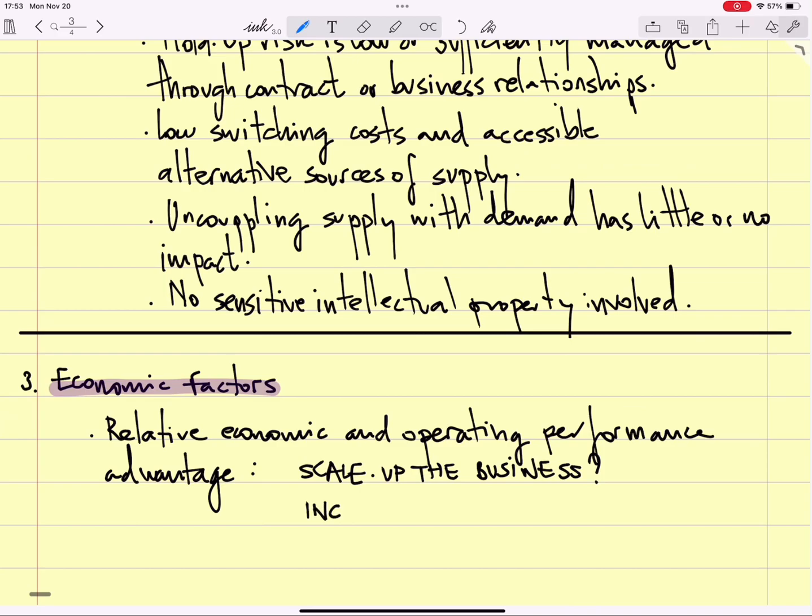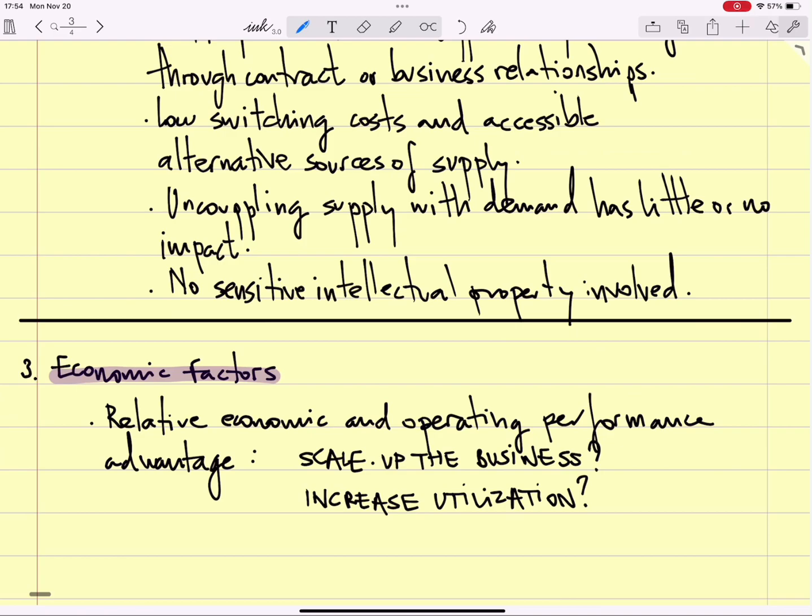Can you increase utilization? Can you use your machines or your people more effectively?